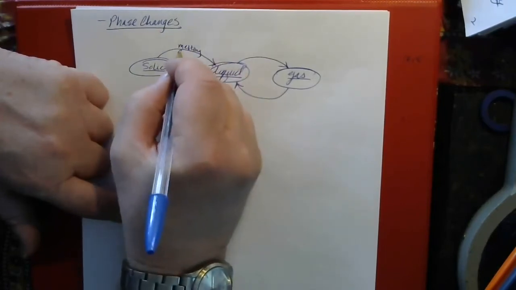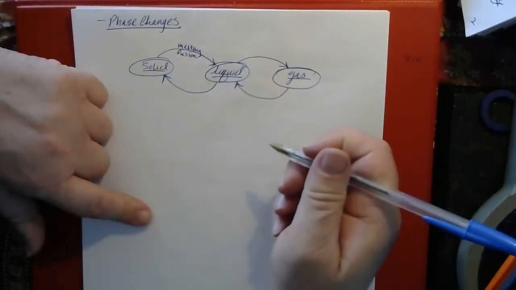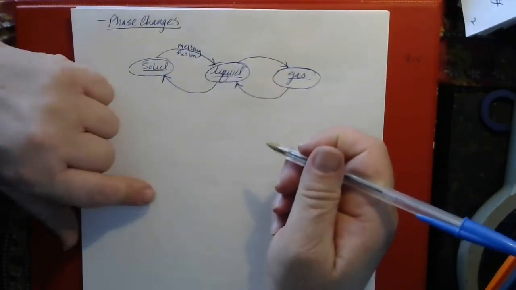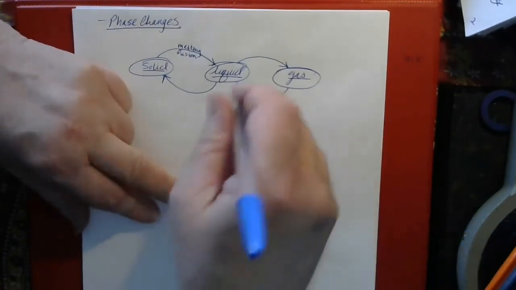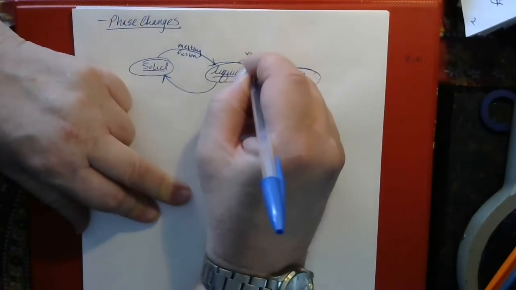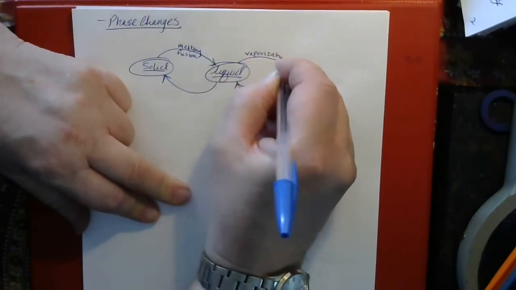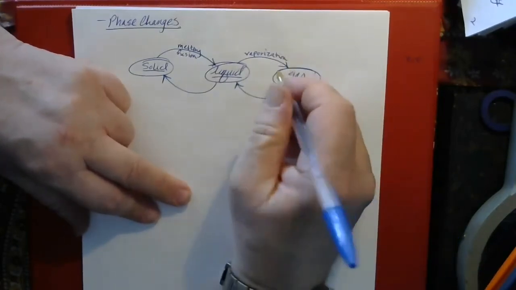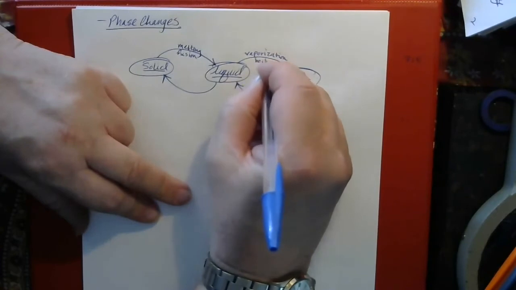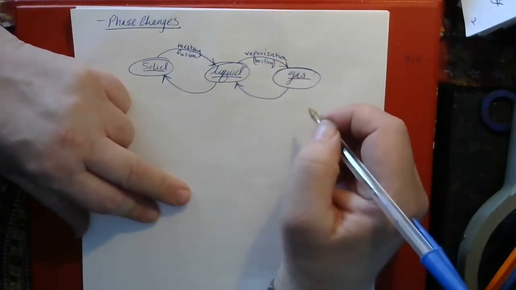Or the more scientific word would be fusion, for going from solid to liquid. Going from liquid to gas, the more scientific term would be vaporization, but that's also known as boiling.